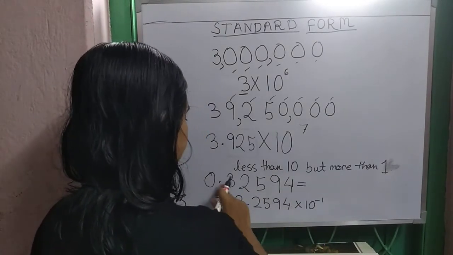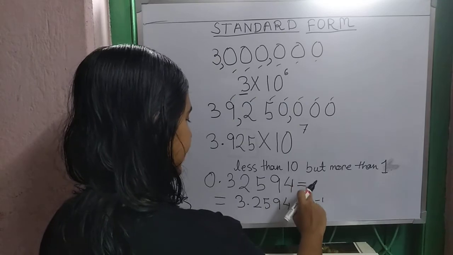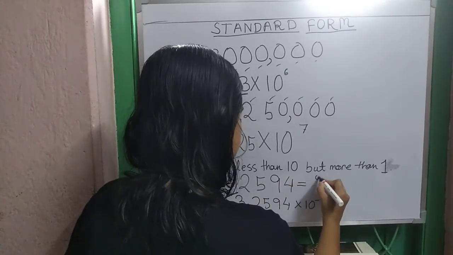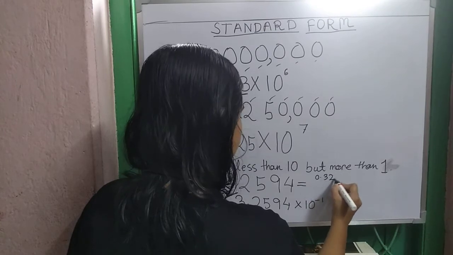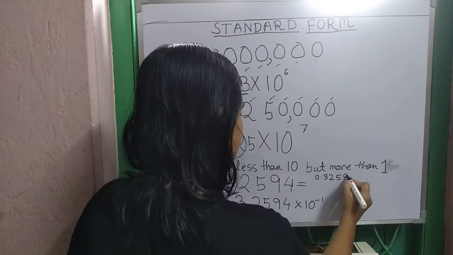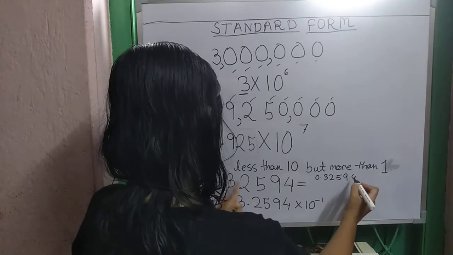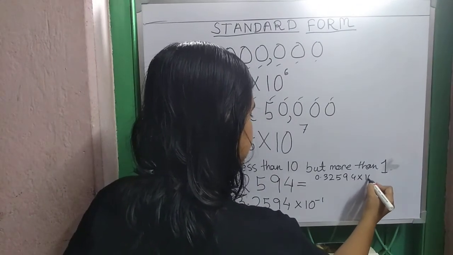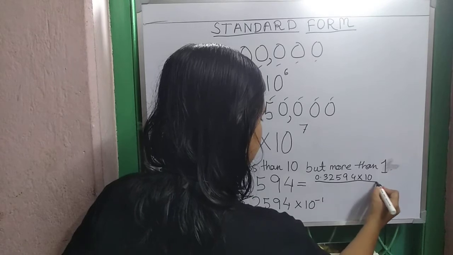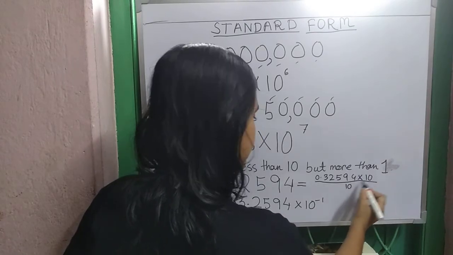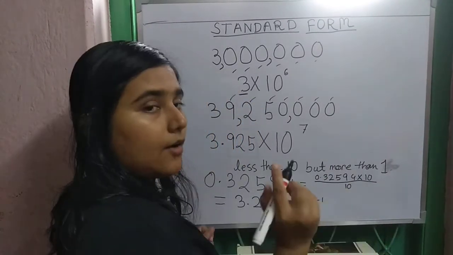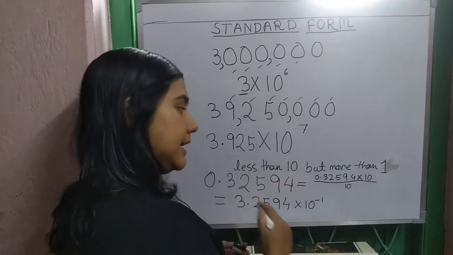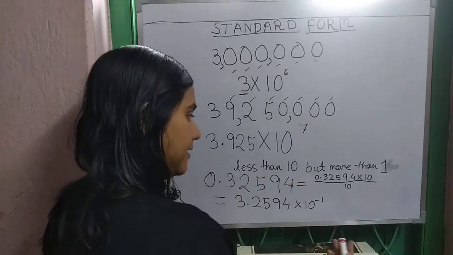It is nothing but you have to multiply this number by 10 and divide it by 10, because 10 by 10 means 1, and if I multiply 1 with any number, I will get that number itself.